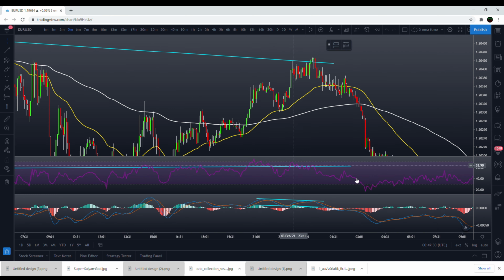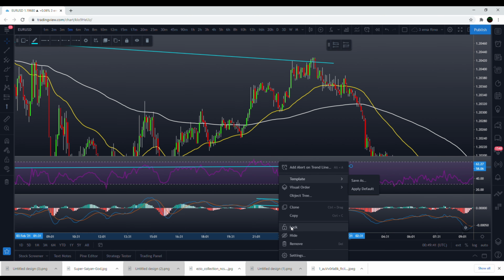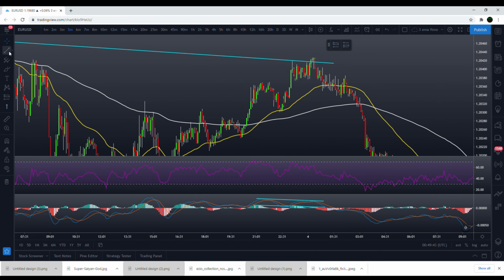So we have a few instances of bearish divergence on the MACD, where we get higher highs on price, but we're getting lower highs on the MACD and histogram along with the RSI. We can also take a look at not only this peak here to this peak over here, but also within this peak itself, from this peak here to this peak here.